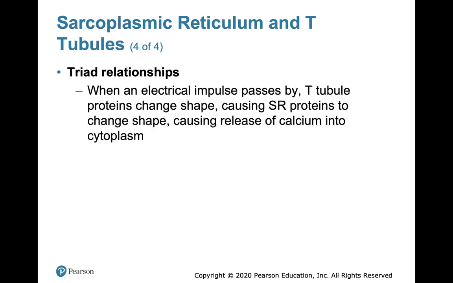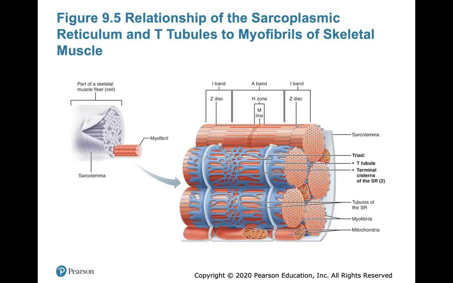When an electrical impulse will pass by, so like we talked about before, your muscle fibers can be electrically stimulated, the T-tubule proteins will change shape, causing the sarcoplasmic reticulum proteins to change shape, which again will cause the release of calcium into the cytoplasm. And again, the release of calcium from the sarcoplasmic reticulum into the cytoplasm is what is important for muscle contraction.